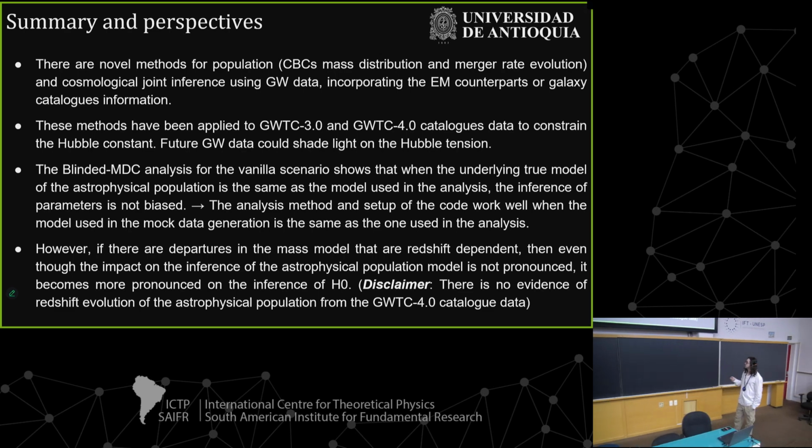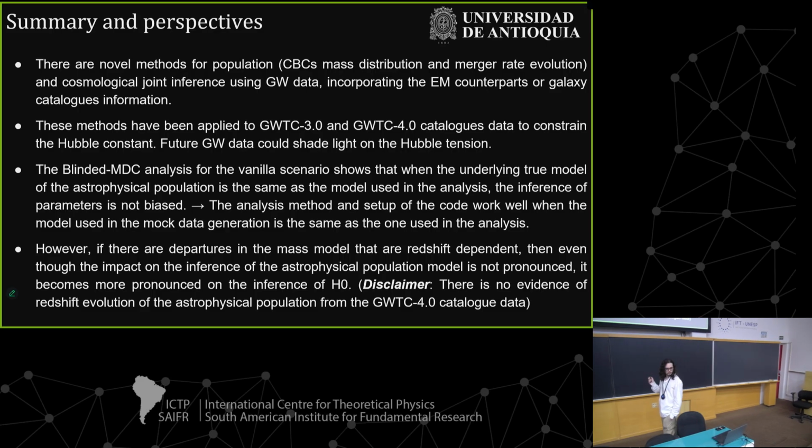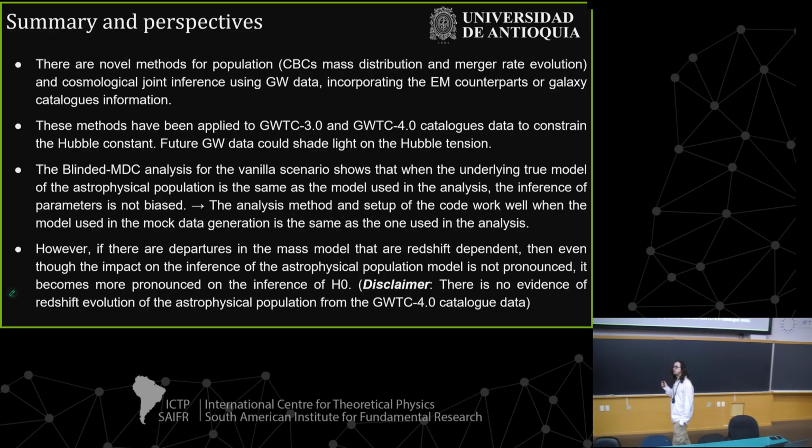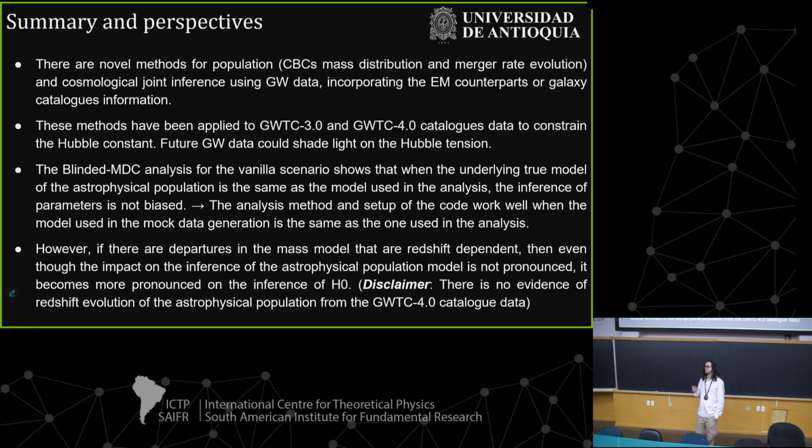But one thing that I would like to highlight here is that from the population paper of LVK with the GWTC-4 catalog data, there is no claimed evidence of redshift evolution in the mass distribution. So these things are not so relevant right now with the current data.